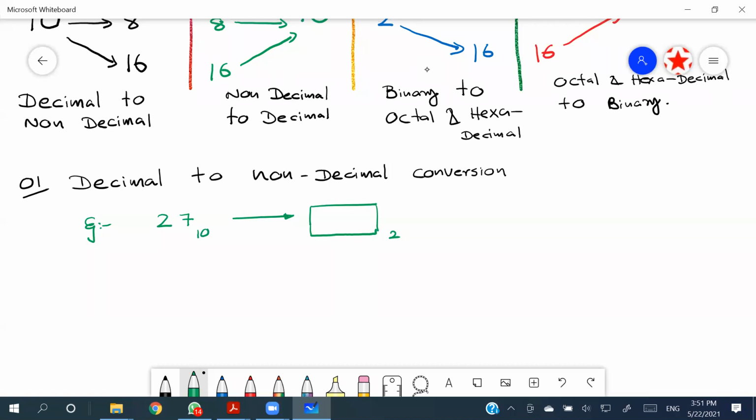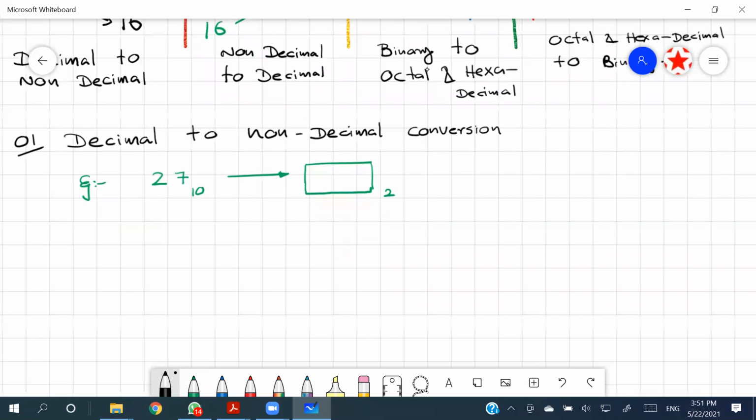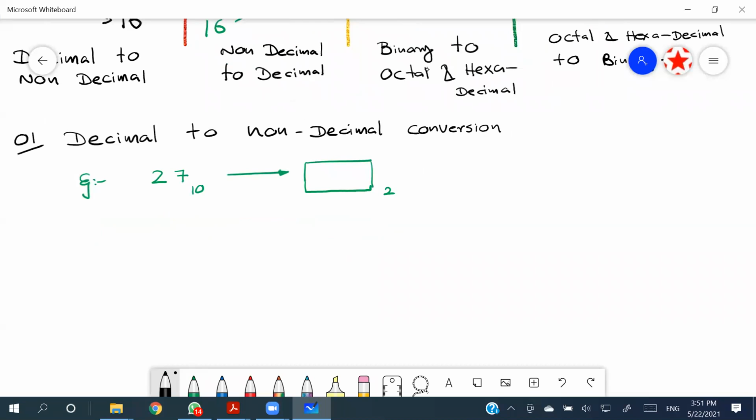So this is the way we are going to do it. Since we are converting decimal into binary, a decimal into a non-decimal number system, we take the decimal value and divide it by 2. Why are we dividing it by 2?